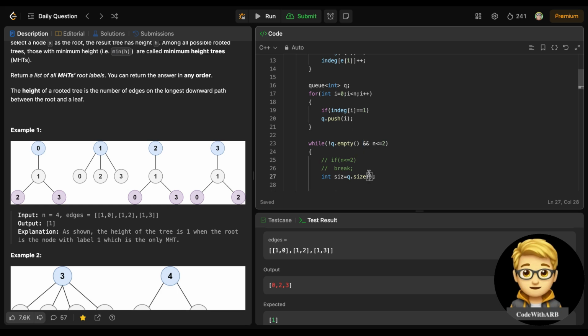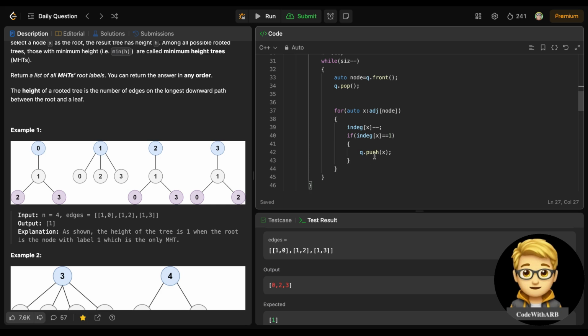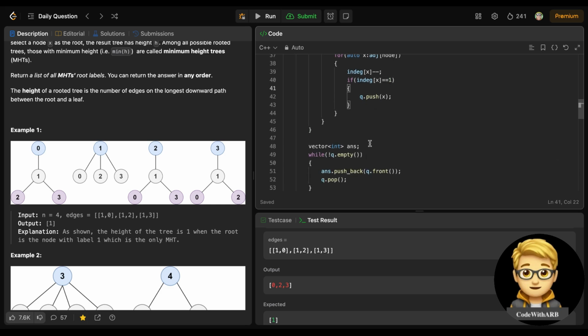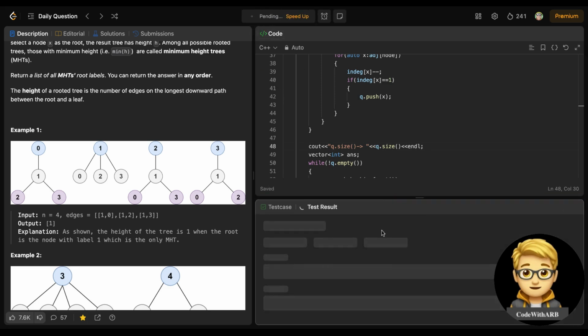Okay, let's see what is cout, and let's run this again.